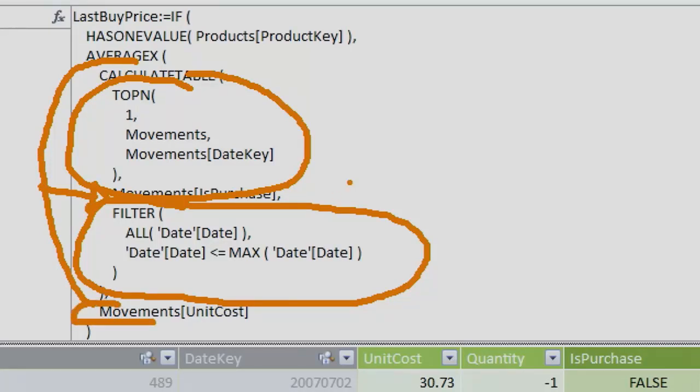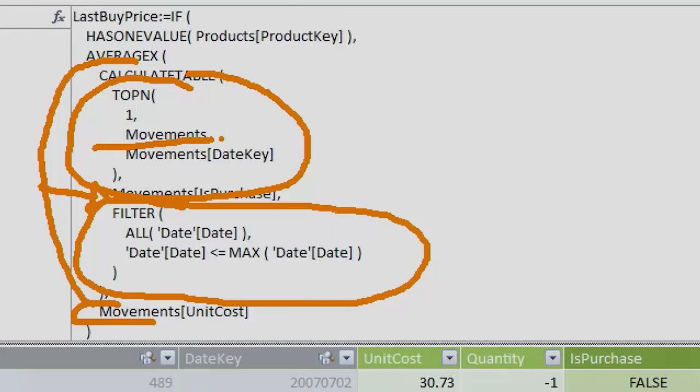Now the problem is, what are you doing, Marco? You have an AVERAGEX and you evaluated the average over unit cost. Well, the problem is that if you look at this TOPN, in reality I'm getting the top N movements, the top N rows in the movements table. I may have had several transactions in the last day.